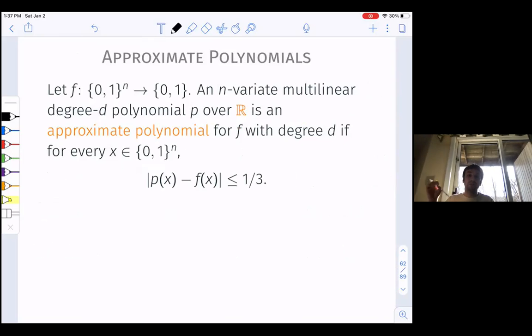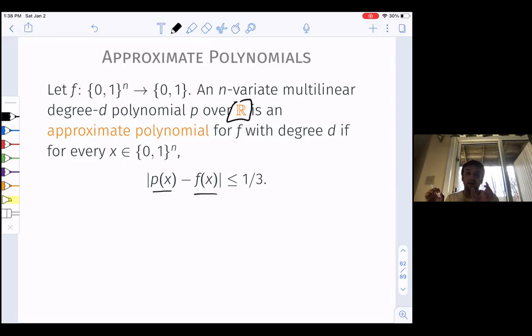If I have a function from n bits to 1 bit, then an approximate polynomial for this function is a polynomial over the reals. This is very important. This polynomial over the reals approximately computes this function f at every point. That is, for every input, the difference between this polynomial and the function is less than 1/3.